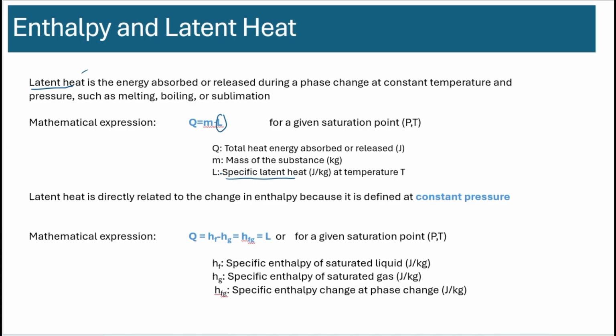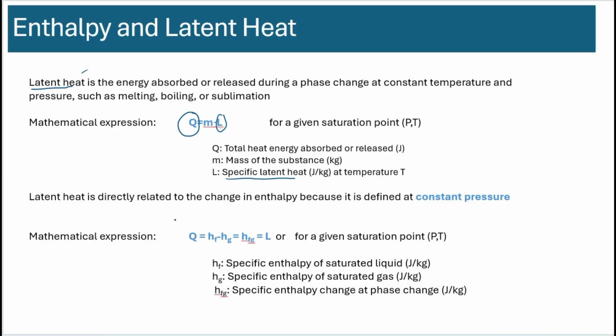So if m kilograms of a substance changes from liquid to gas, the total energy absorbed for that phase change is m times L. Now, as we just discussed, this Q is dependent on enthalpy. That means L can be calculated directly using enthalpy.